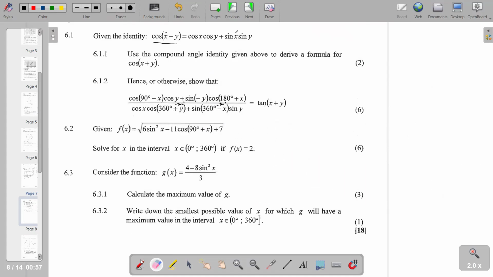On question 6.2, they are saying f of x is equal to the square root of this part. Then they are saying solve for x in the interval 0 to 360 if f of x is equal to 2. So if f of x is equal to 2, where there is f of x, we are just going to substitute the f of x.